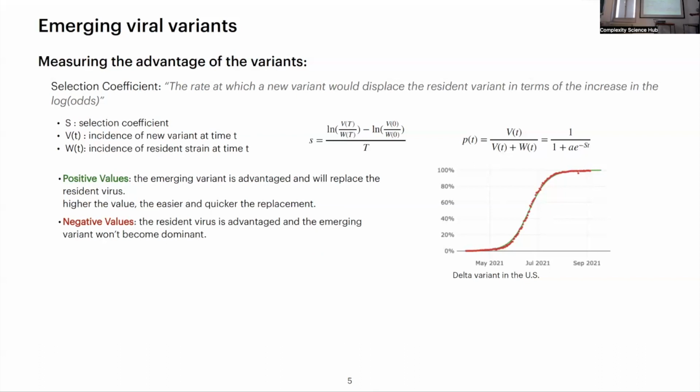Of course, it wouldn't be assigned to the whole period, but for the few weeks of emergence, we can assume that the new variant has exponential growth. So this equation can be valid for a few weeks, but after a while, you may not see this nice logistic curve, and they saturate at a lower level, like 80%. But that is not the case, at least in our studies, because we studied Alpha, Delta, and Omicron, and those variants became dominant.